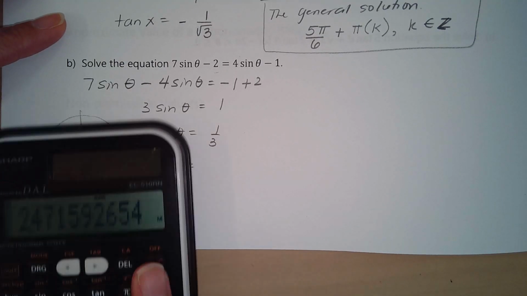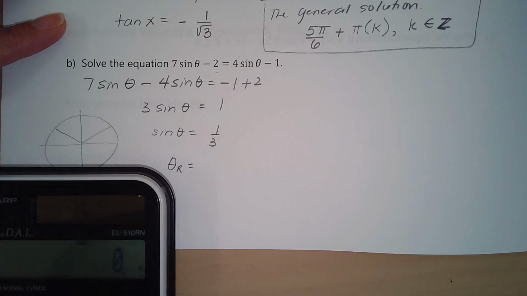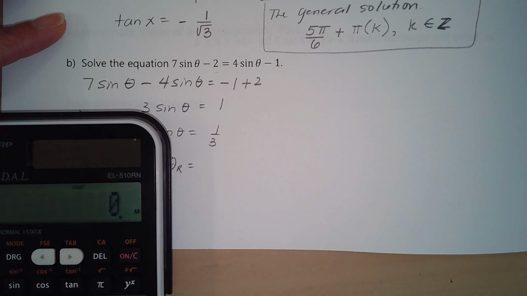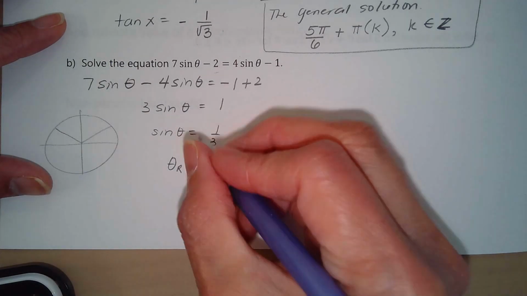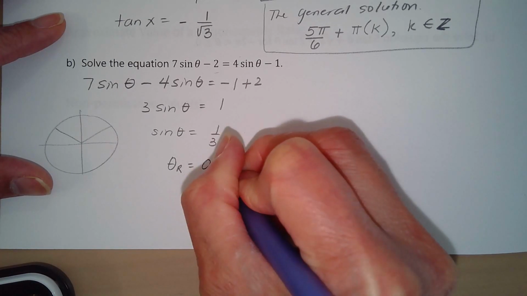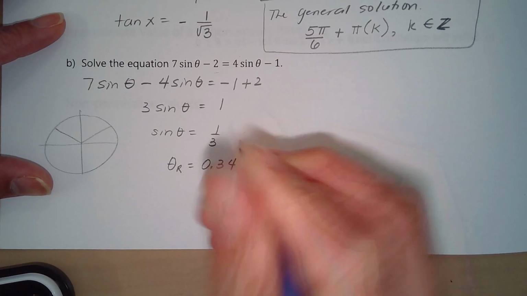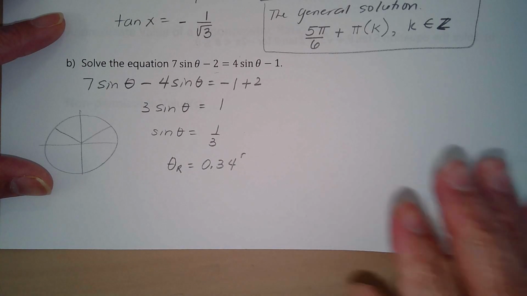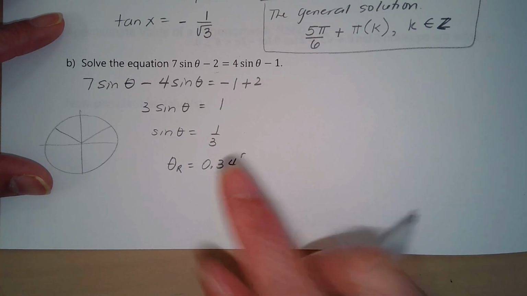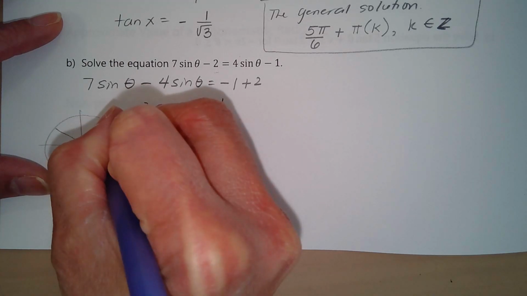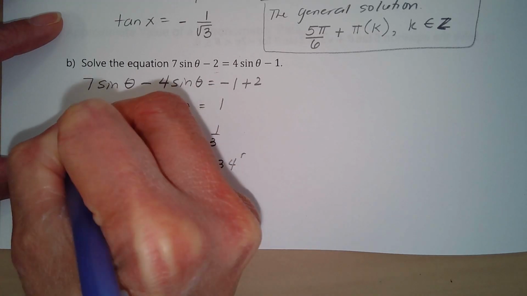I'm going to make sure I'm in the right mode, radian mode still. I have 0.34 radians. That means this is 0.34 and this is 0.34.